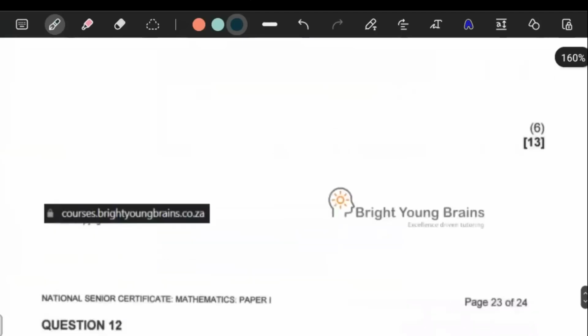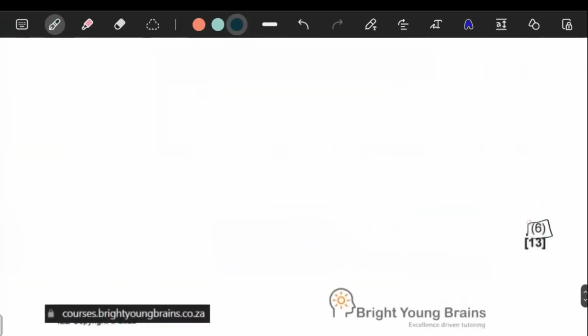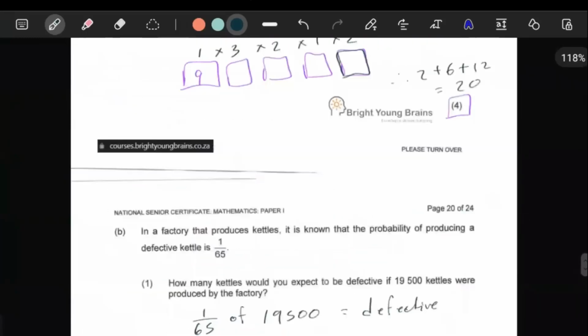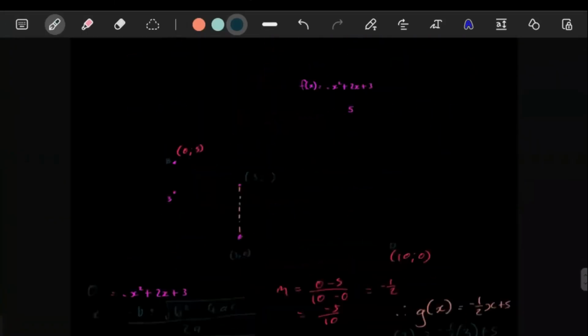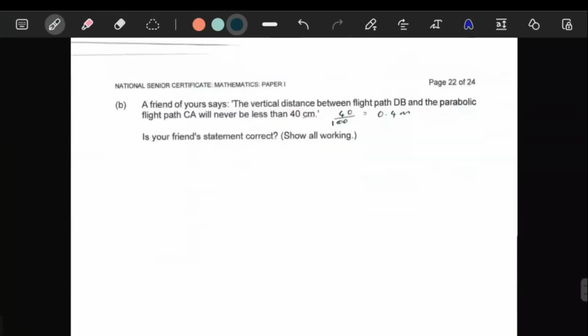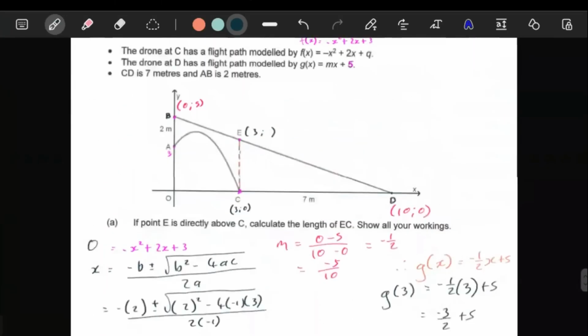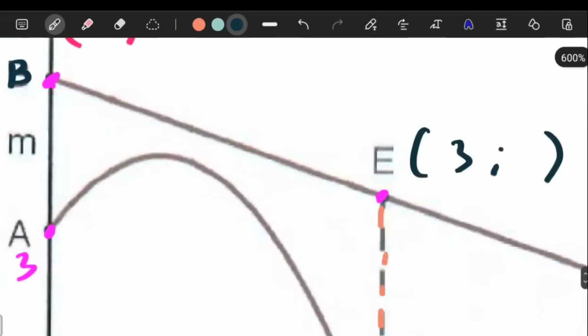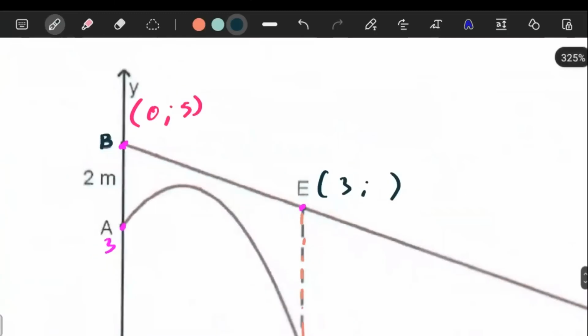So the idea with a question like this one is, as we said already, we have to look logically here. Logically speaking, the shortest distance between our flight path and our parabola, we don't know where it is, but we can easily find it.